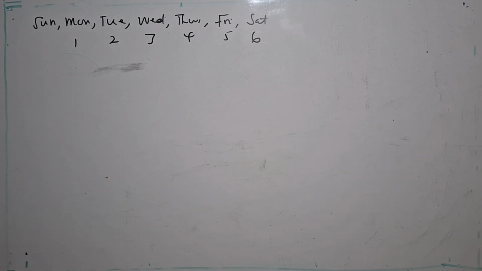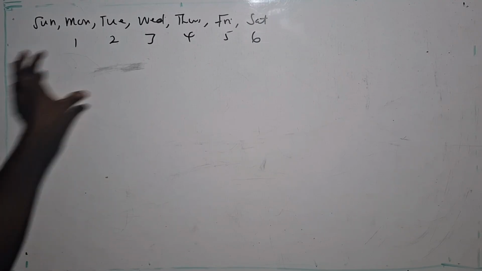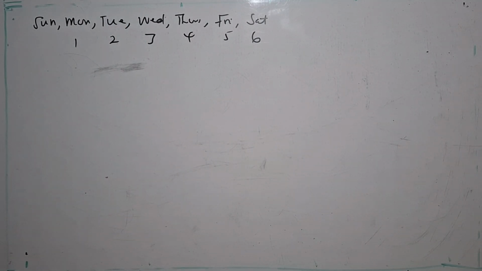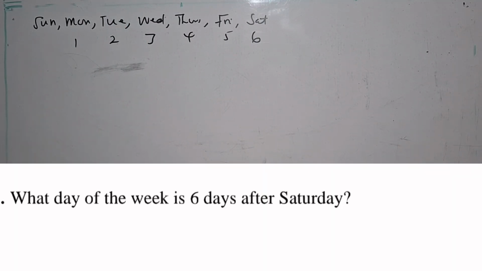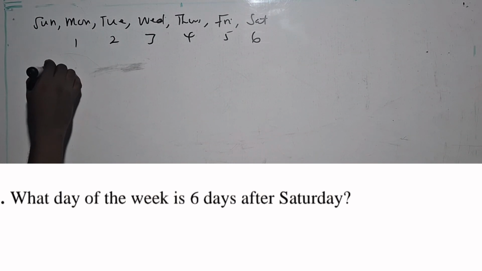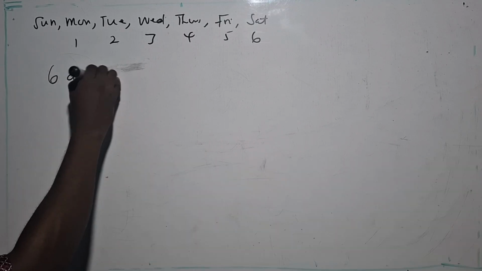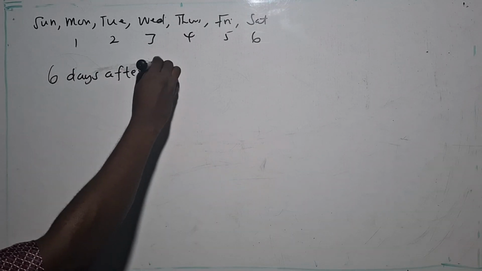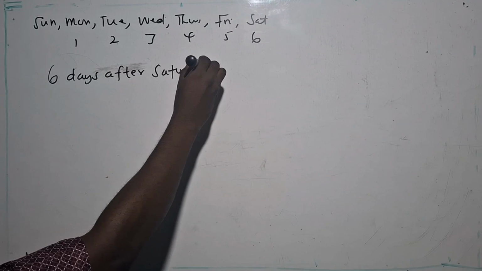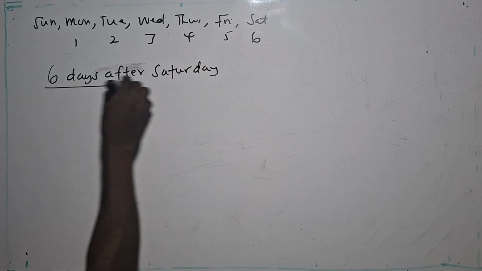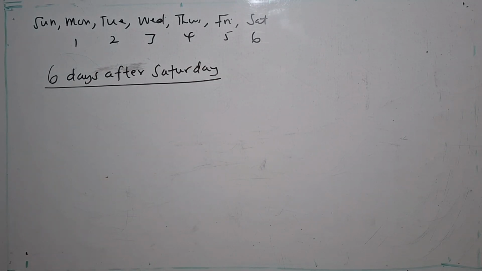Because we are using the number of days, I'm not going to erase this. It's still going to guide us. Our first question on the screen says: what day of the week is 6 days after Saturday? How will you know 6 days after Saturday?